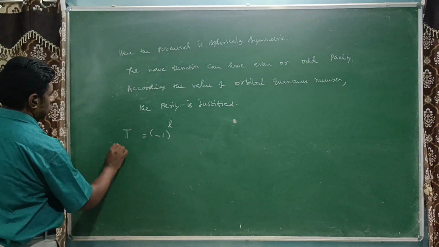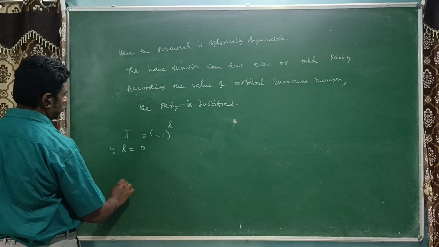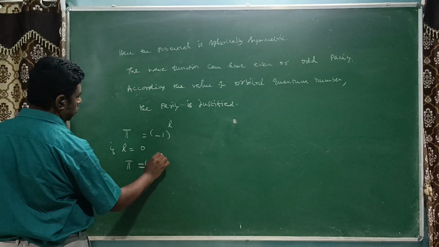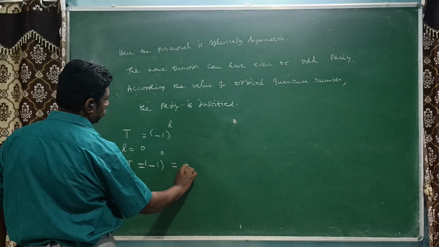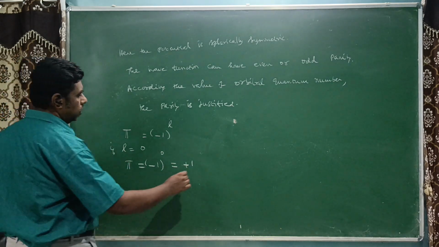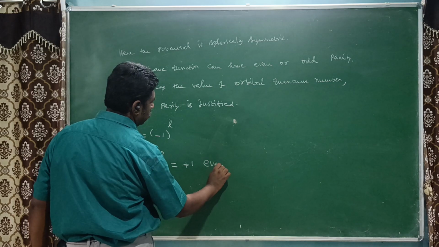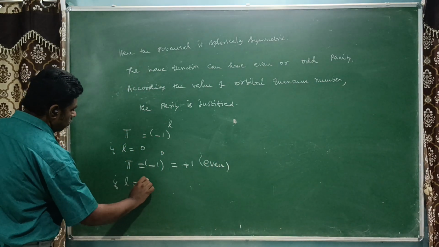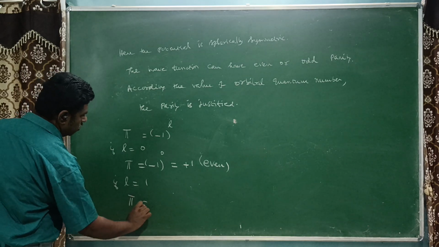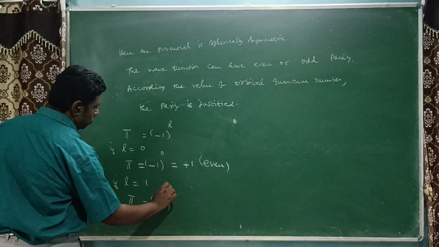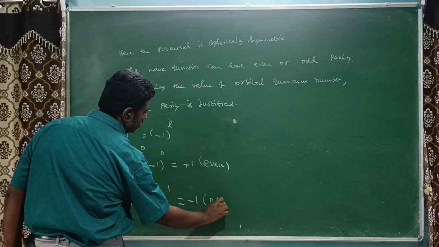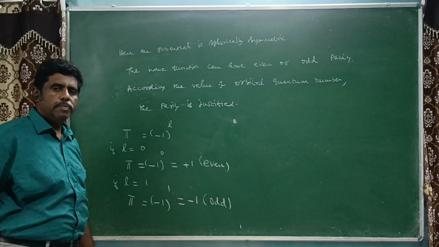If l equal to 0, then pi equal to minus 1 power 0, which is equal to plus 1. Here the parity is even. If l equal to 1, pi equal to minus 1 power 1, which is equal to minus 1. Here the parity is odd.